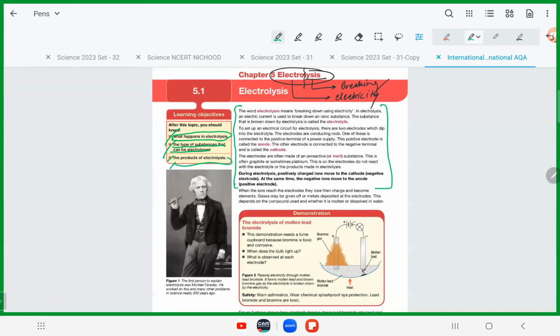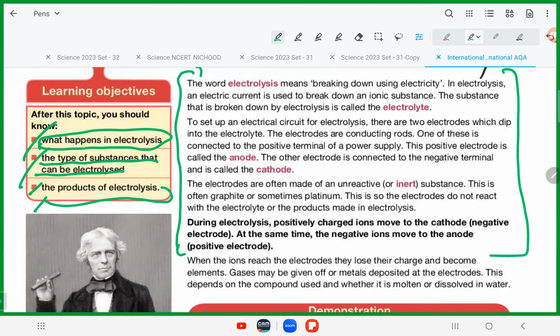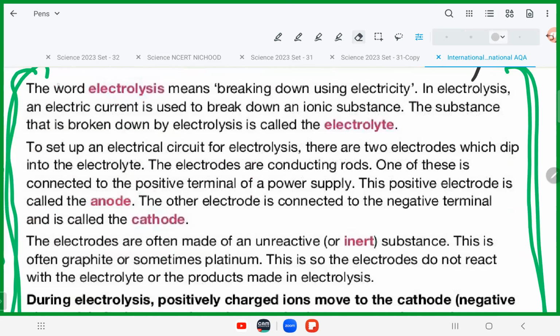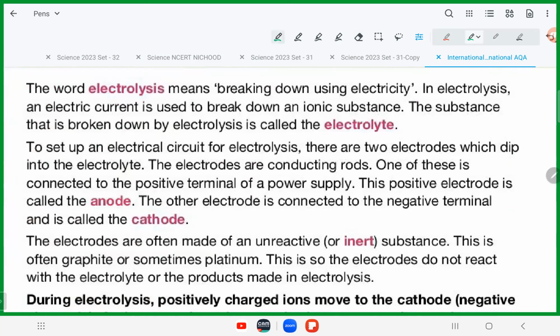The word electrolysis means breaking down using electricity. In electrolysis, an electric current is used to break down an ionic substance. The substance that is broken down by electrolysis is called the electrolyte. To set up an electrical circuit for electrolysis, there are two electrodes which dip into the electrolyte.